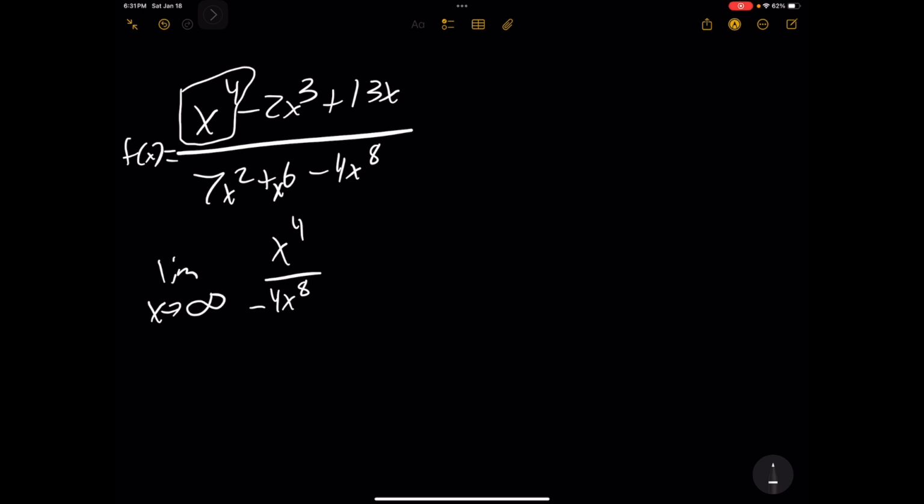And as we go towards infinity, we see that the bottom is going to grow much faster than the top. We could even simplify this function. x to the 4th is on the top, x to the 8th on the bottom. We're going to get 1 over negative 4x to the 4th on the bottom. And as x gets really big, this is going to tend towards 0.